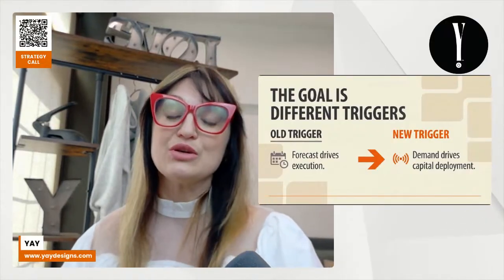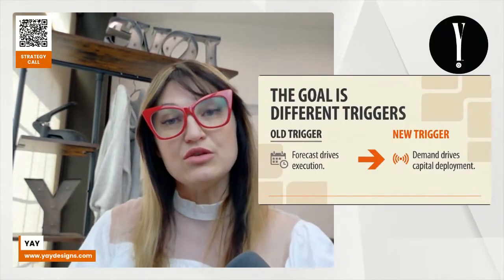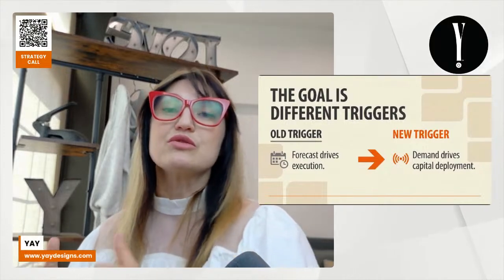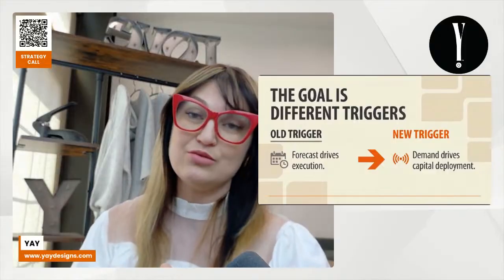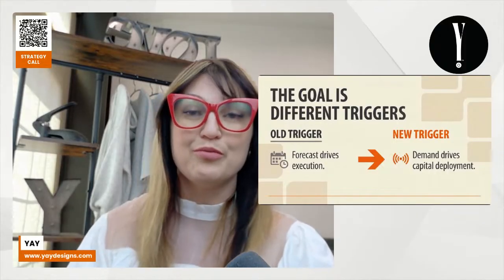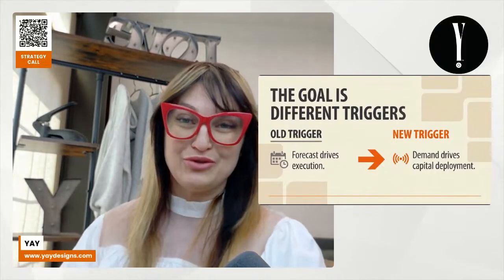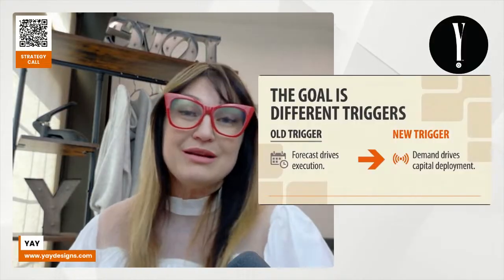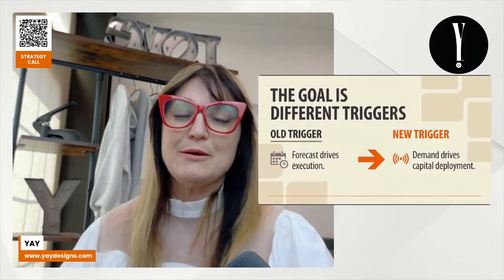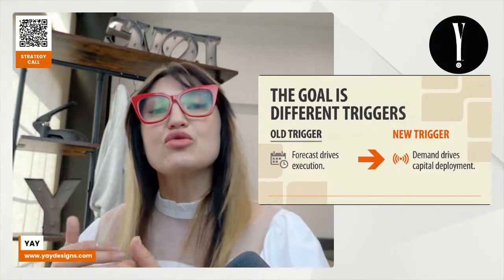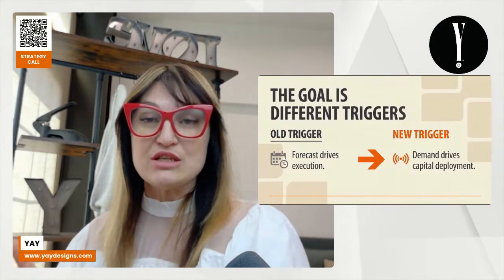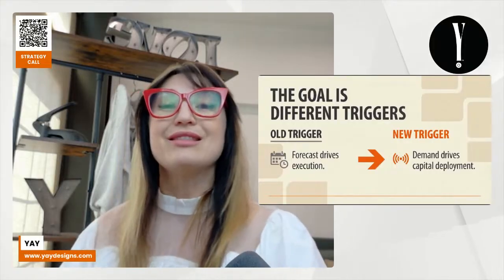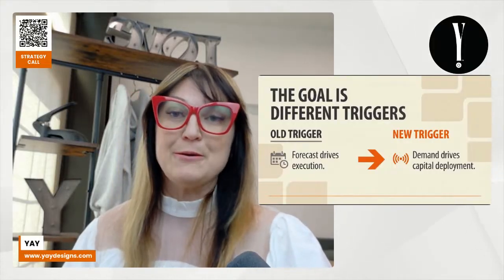You're able to see your demand and chase that demand within the season, and not wait till the next season to bring in another bulk order, when that demand may die for the following season. So think about what are the triggers that drive some of those decisions we need to make at the point we start to commit.